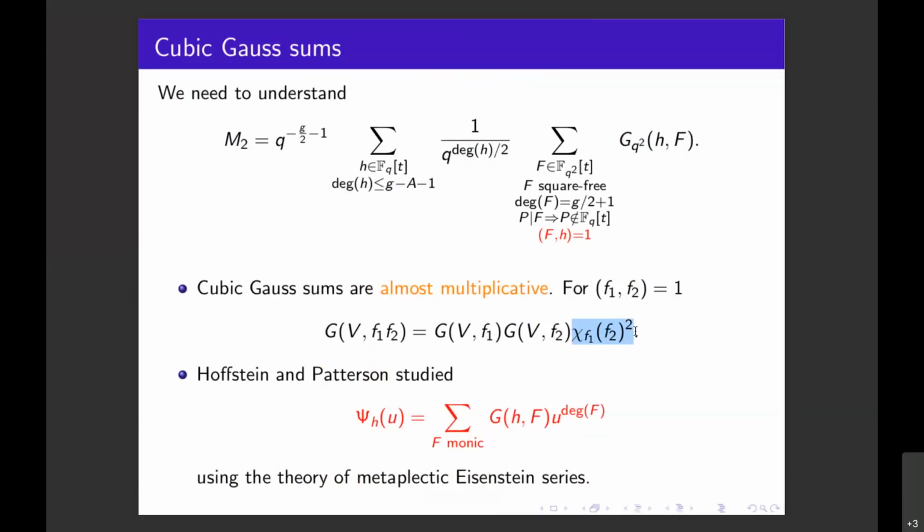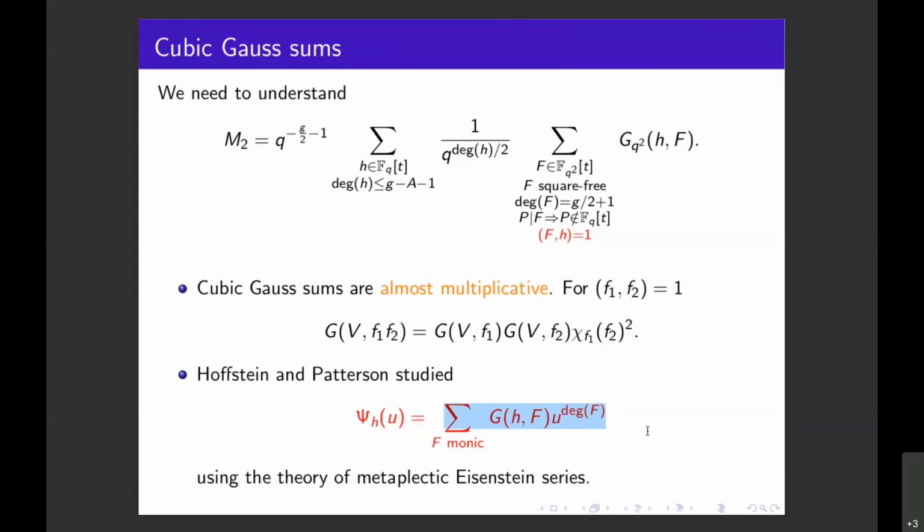Okay, so now we want to study the generating series of these cubic Gauss sums. Again, for a fixed polynomial h, we are summing the second variable f, and we want to understand the sum of g of hf u to the degree of f, as we sum over monics.